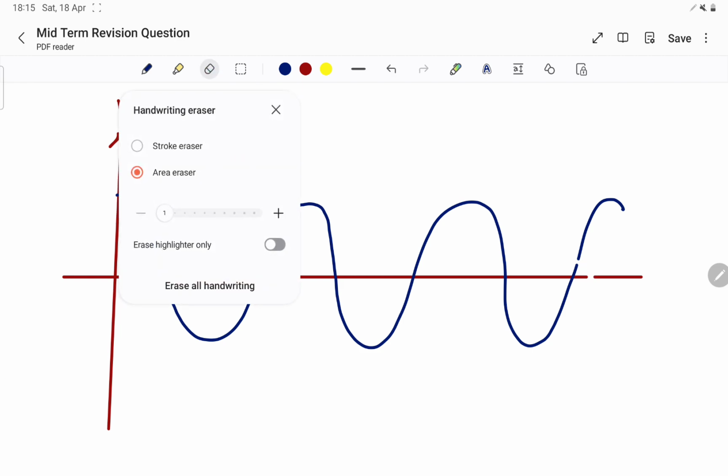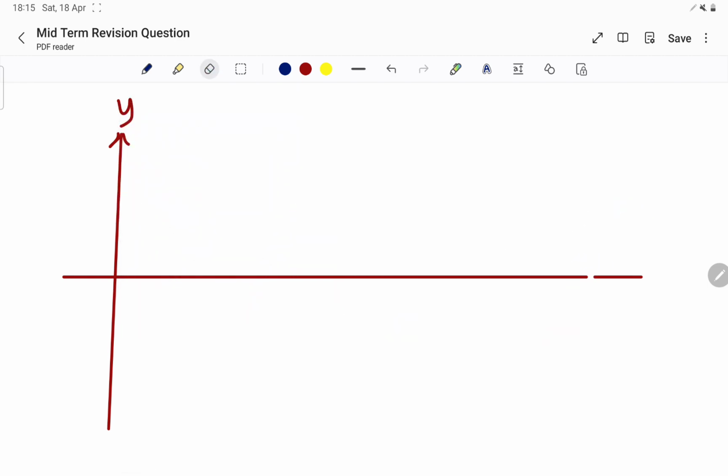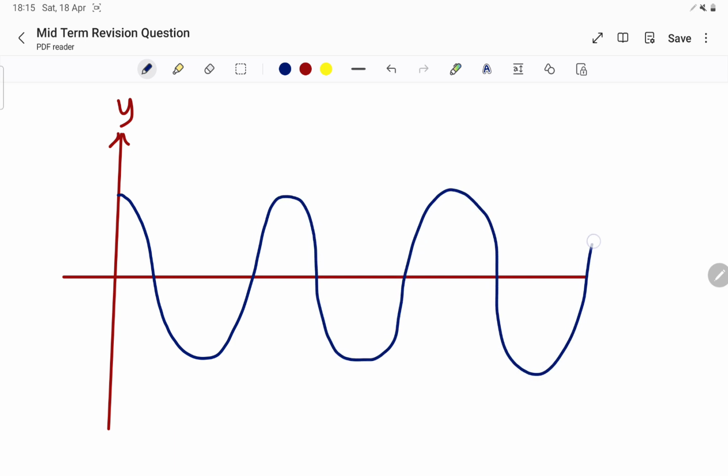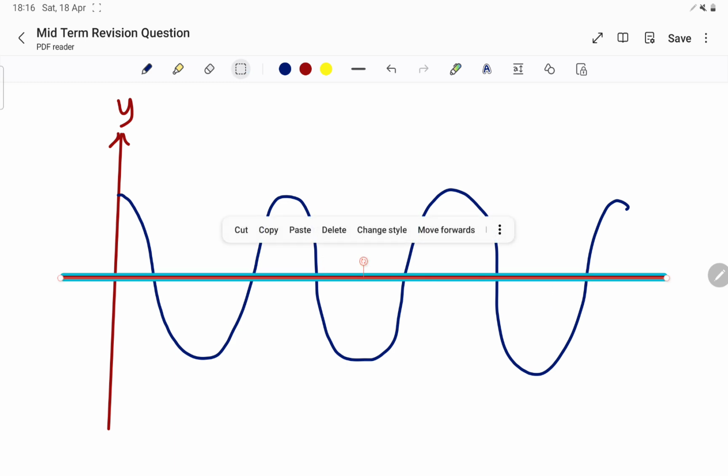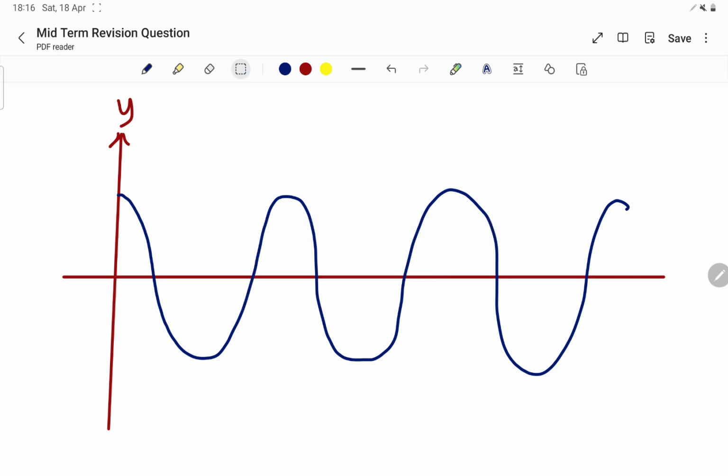I think not nice one, so I have to draw 3. 1, 2, 3. Like this. Okay, and then at this part, our amplitude is basically 2, right?